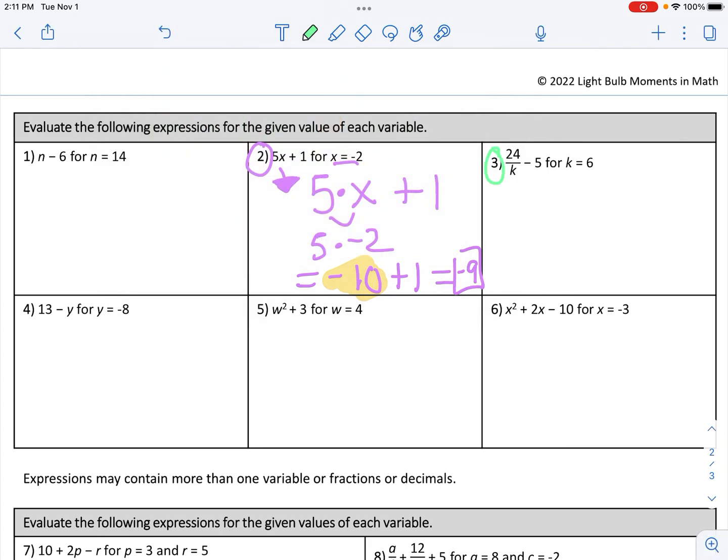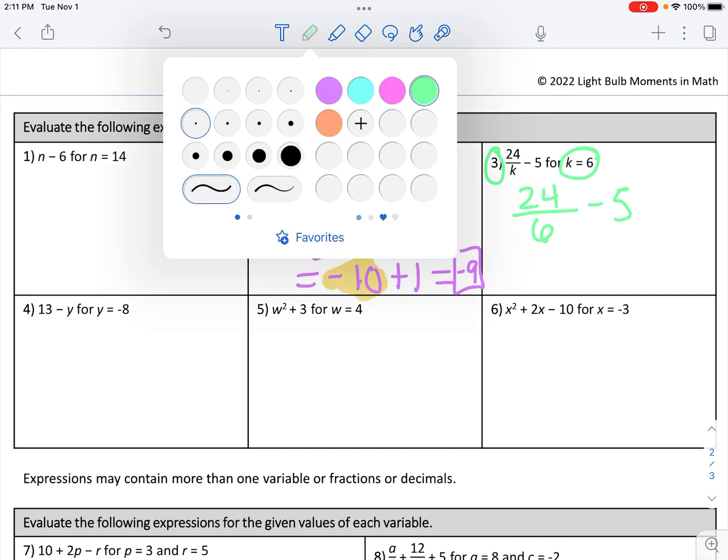It is a negative because our larger number is negative. Our next one that we're going to do, we have 24 over k minus 5. Anytime you see a fraction, this means to divide. So this is really reading 24 divided by k minus 5. But now instead of k, it wants us to plug in 6. So instead of 24 divided by k, I'm going to do 24 divided by 6. Now with PEMDAS, am I going to do division or subtraction first?